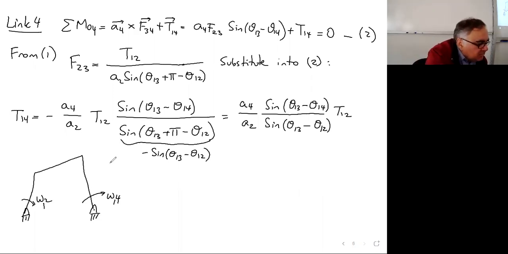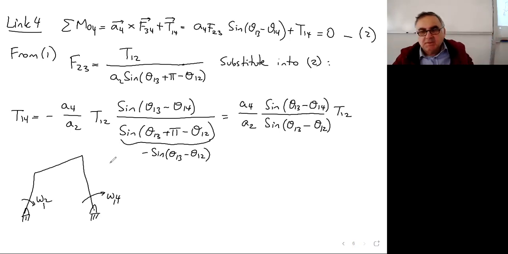One more static analysis problem I want to start. I don't know if I can finish it, but I'll do it rather quickly, not with all the details, so that we can do it, I hope.